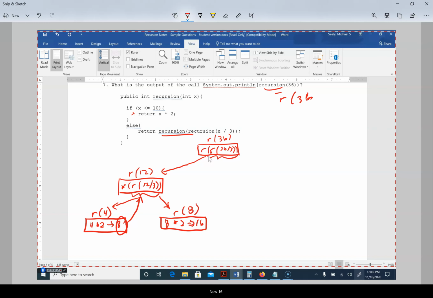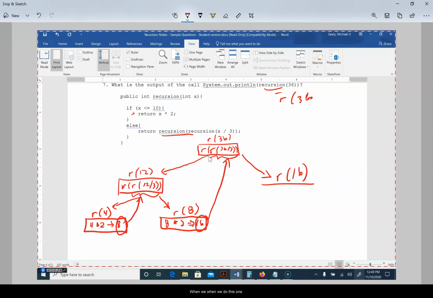Now, 16 becomes this whole base case right here for this one. So we break this down, and we have R, well, here, let me, because I like to keep everything at basically the same level. So I'll break this down, and then we've got R16, okay?